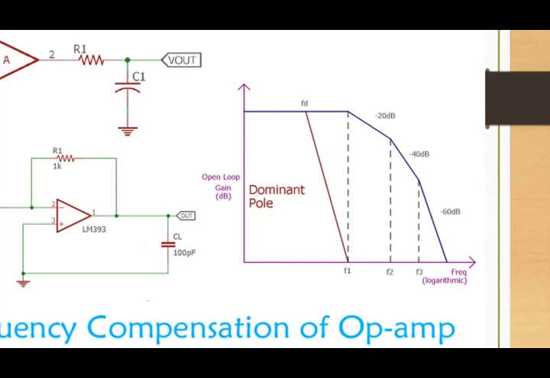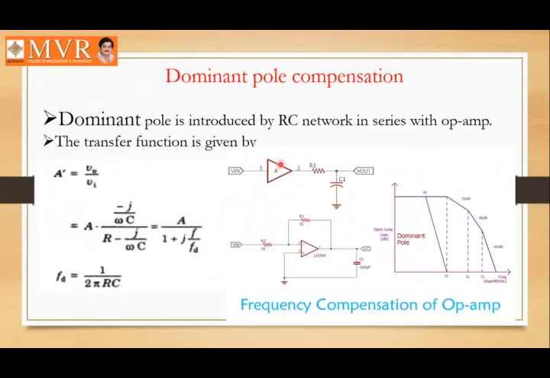In this, we are having a drawback that it reduces the open loop bandwidth drastically. But the noise immunity has been improved for the circuit we have discussed.